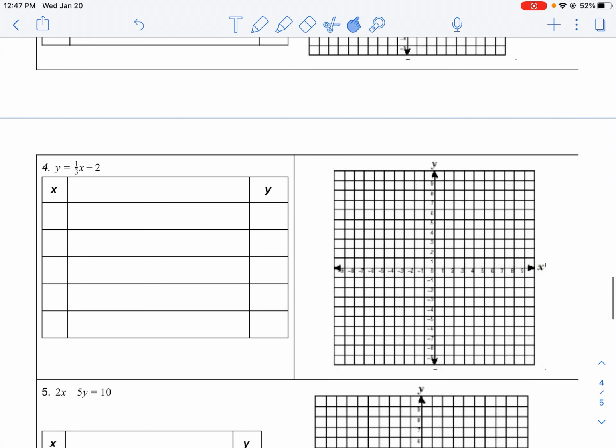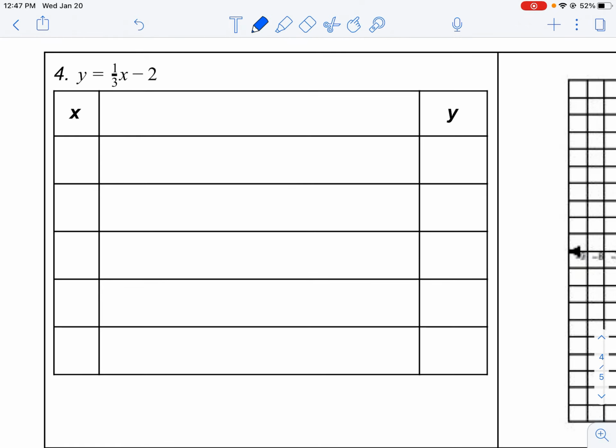And I'm going to go ahead and do number 4 since it has a fraction in it. With that, don't let the fraction be scary, but if you have a fraction and you're going to be inputting a value for x, you want to choose carefully when you choose those x values, meaning I don't want to choose a whole number value that isn't going to clear a fraction. So for instance, I'm going to choose a value that wouldn't be very well liked by this function.